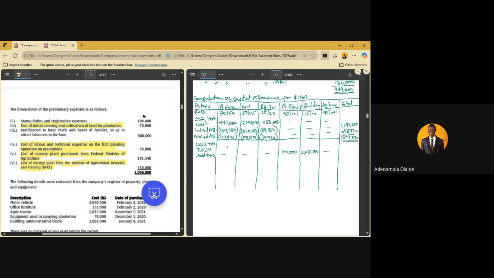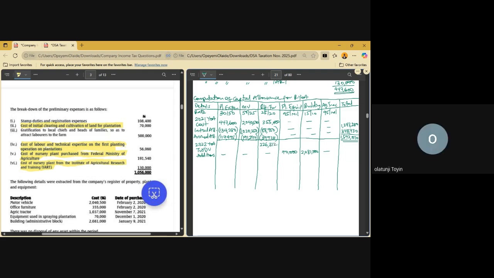So what are the tax written down values? 7,226,312.